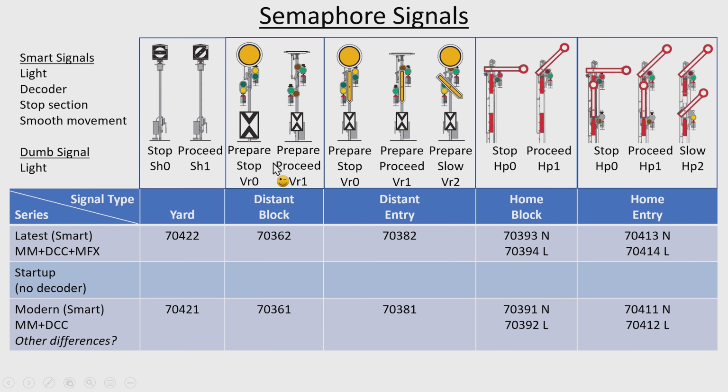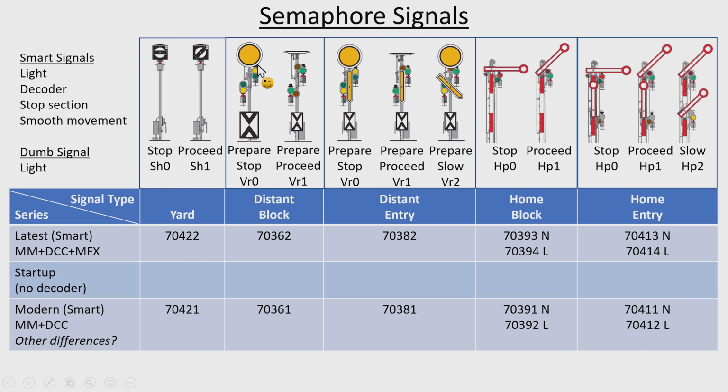So that one will match with the home block signal. The prepare to stop is basically if you see a yellow disc in front of you, it actually means that the next home signal will indicate stop, right? So that's why you have to prepare to stop.